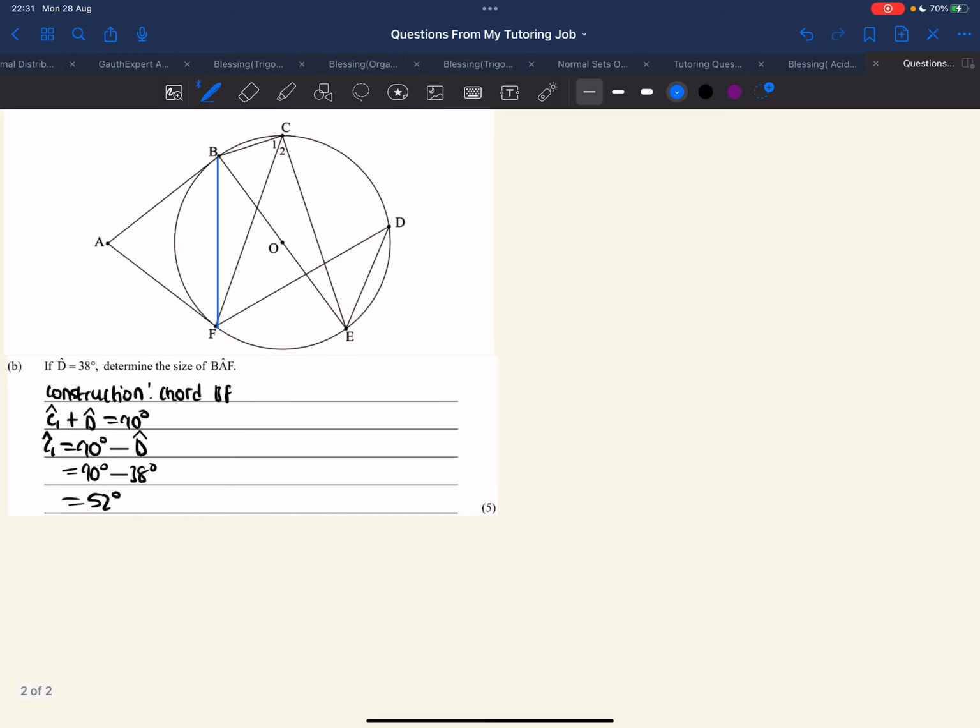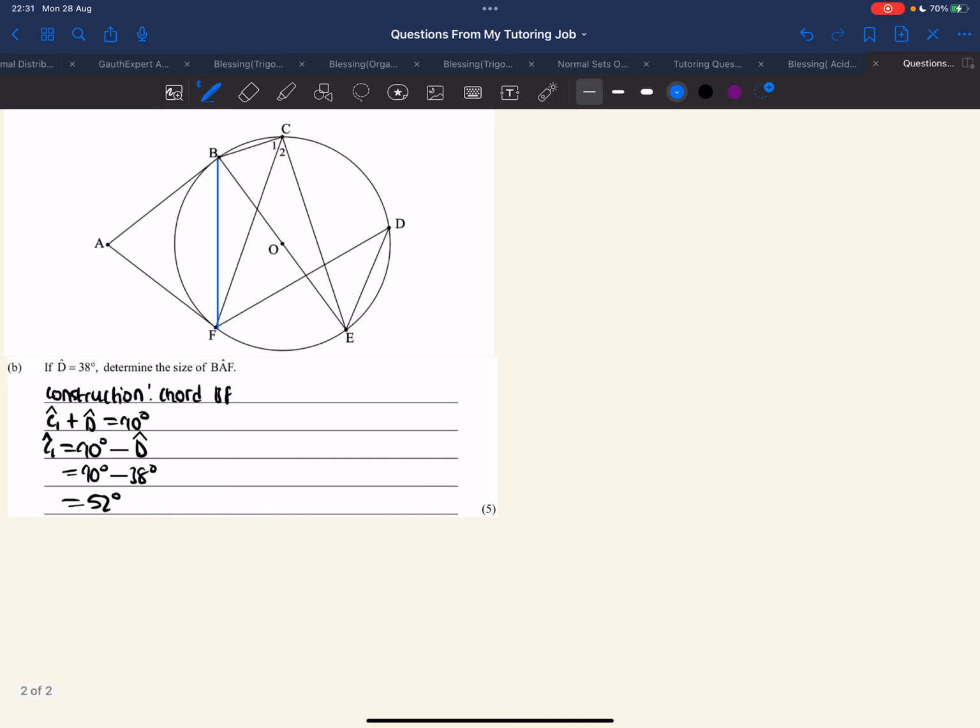Now after finding that out, I want you to see this. Can you see that if you look at angle BFA and angle C1, angle BFA is going to be equal to angle C1? And the reason for that is the tan chord theorem, because you go this way, that way, come back there, and then that way.